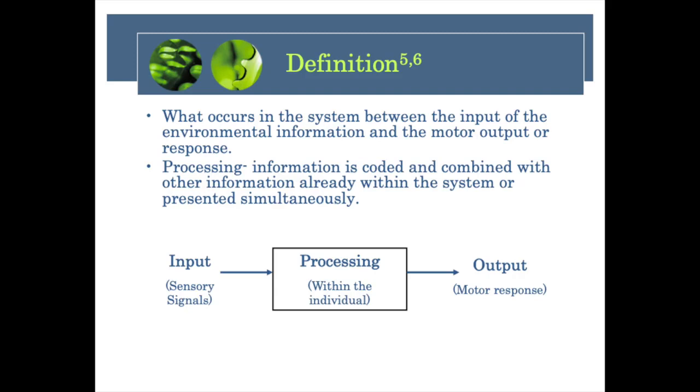We can see and detect the output or the motor response. But what's happening within this box, this processing, we can't actually directly see. Sometimes it's called the black box because we can't see what's happening, but we do know something's happening. So what is it that we think is happening? Let's talk about that.